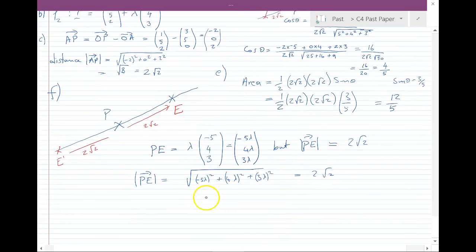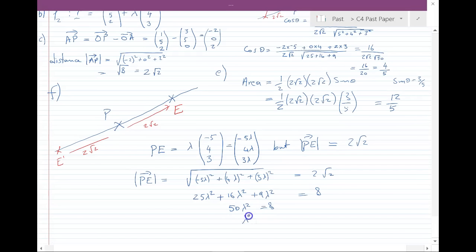Squaring both sides of that, and working out these things inside, we get 25 lambda squared plus 16 lambda squared plus 9 lambda squared. And don't forget to square this as well, that's 8. So that gives me 50 lambda squared equals 8.